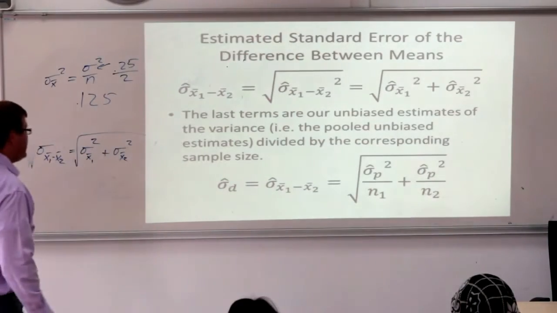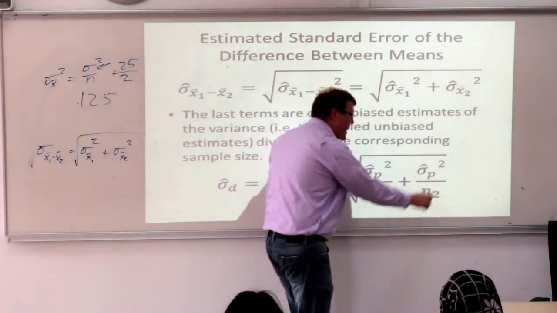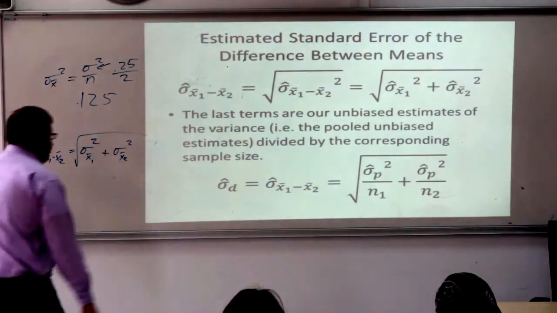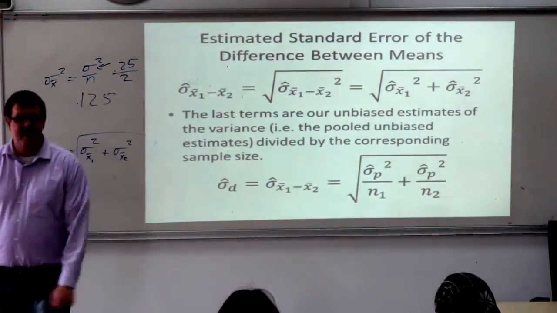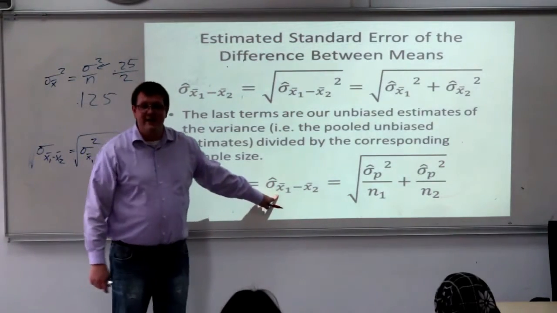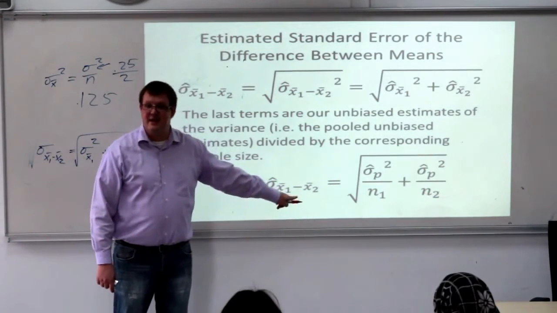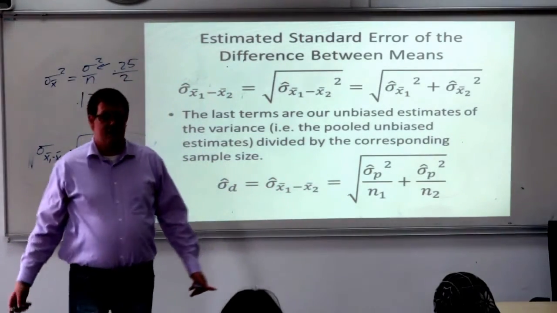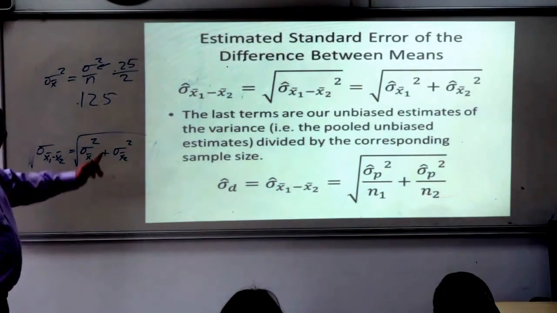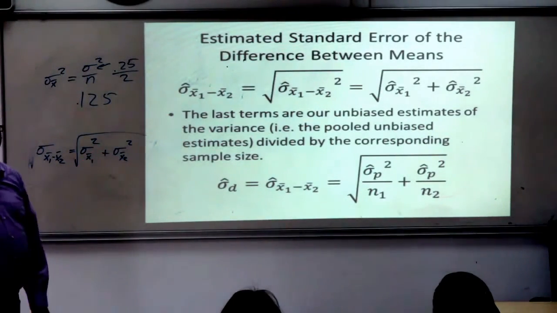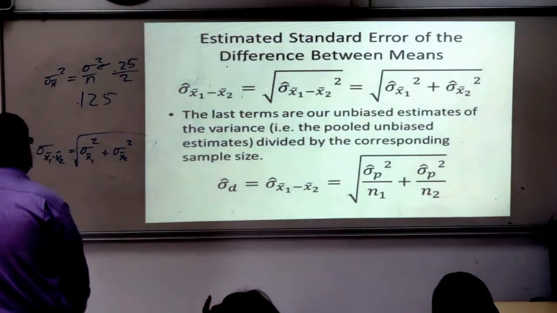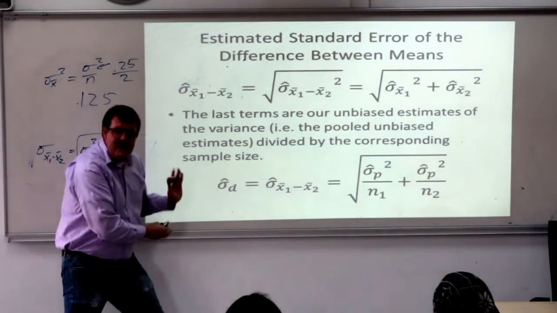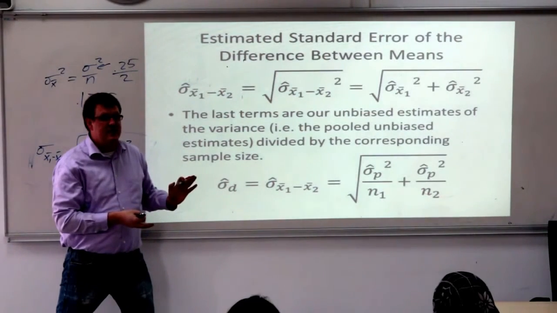So we've got our pooled estimates of the variance divided by the appropriate sample sizes. And now I have this D here, because I'm too lazy to write the difference between the means. That's what this D is, basically the difference between the means, okay? Because really, reading this stuff in PowerPoint really sucks. All right, so, groovy. We now have a standard error, not of the means, but of the difference between means.